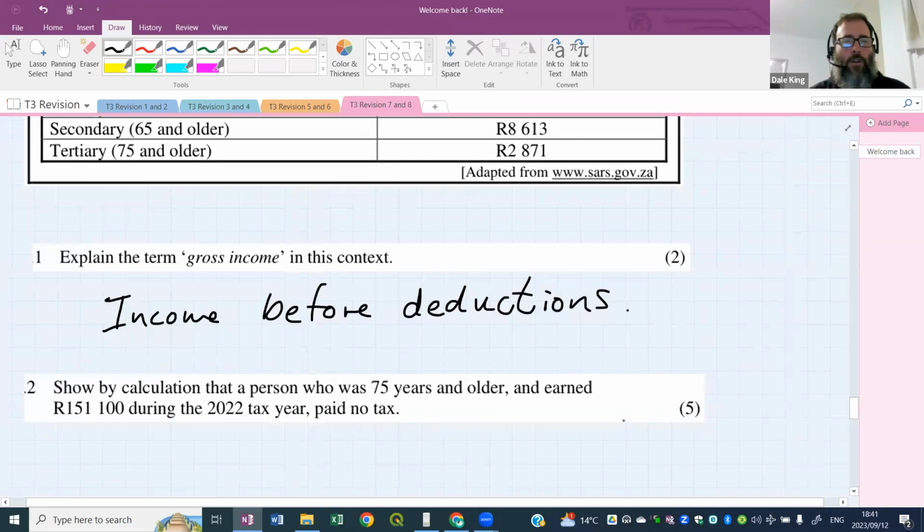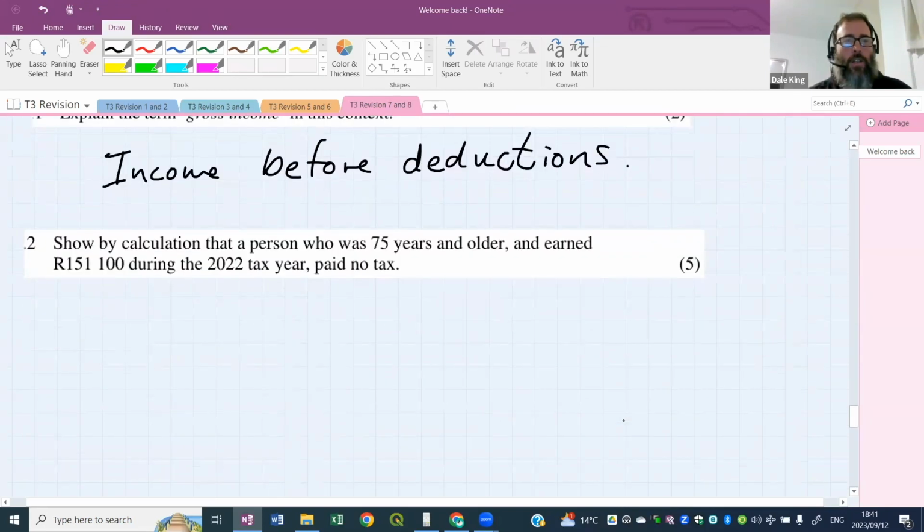What else you got? 5-mark question. Show by calculation that a person who was 75 years and older, and earns 151,100 during the 2022 tax year pays no tax. Show that the person that's 75 years and older and earns 151,100 pays no tax.